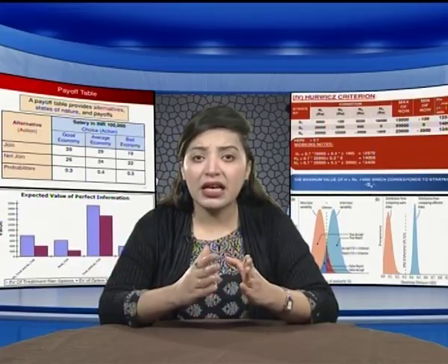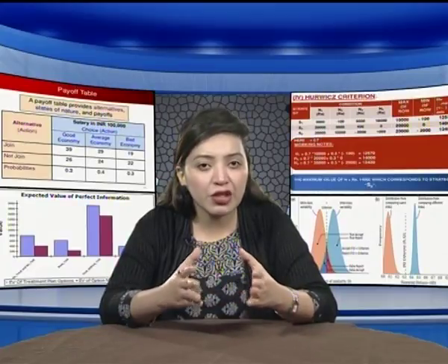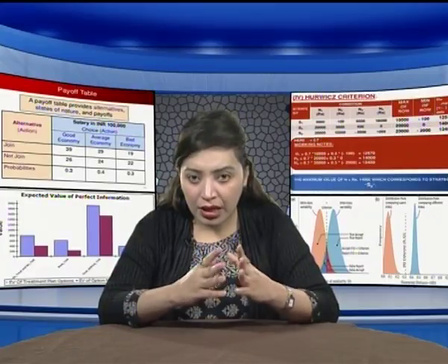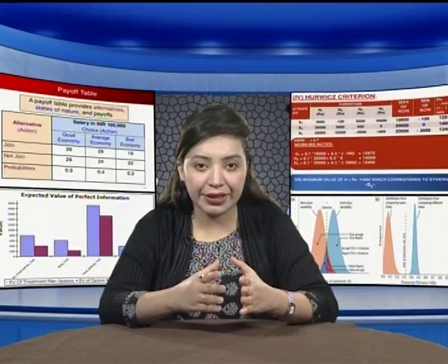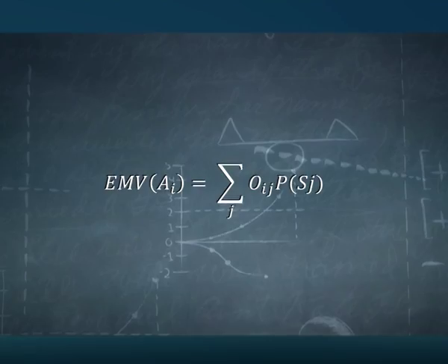To apply the expected payoff criterion, it is assumed that the decision maker has some idea of the probability of each state of nature. These probabilities can be used in the decision process to find the expected payoff of an alternative. The expected payoff or expected monetary value, EMV, is denoted by Ai for the ith action.